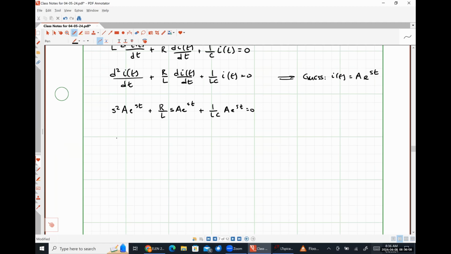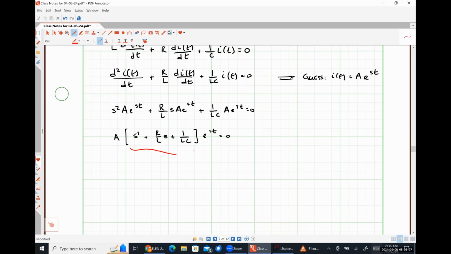And now I'm going to split things up again. So we're going to have A times s squared plus R over L times s plus 1 over LC, all of that times e to the st is equal to 0.